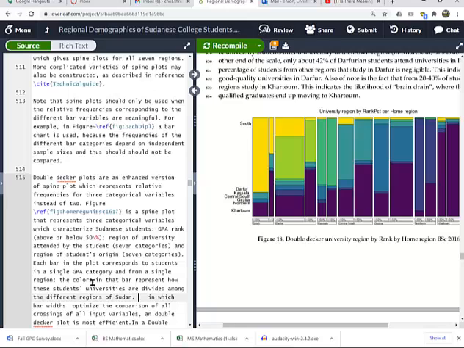So in this case, the relative widths of any two bars can be compared.